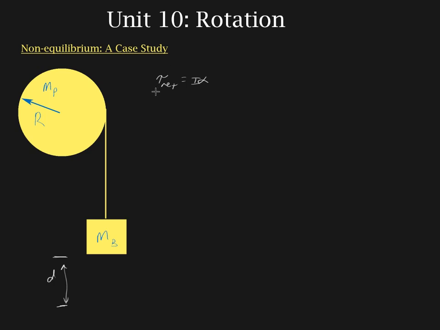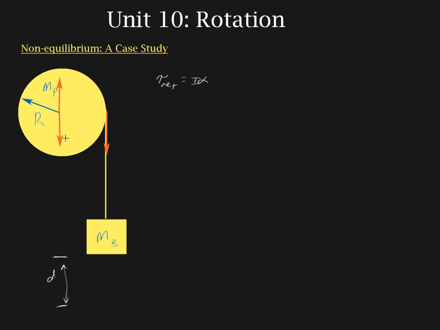Okay, so when we look at the forces acting on the pulley, we have the force of gravity, which is acting through the center of mass. We have the force of tension, which is pulling straight down on the edge of the pulley. And then we have a normal force which is pointing up, which is not necessarily equal and opposite to the force of gravity pulling down on it, because we have interaction between both the block and the pulley.